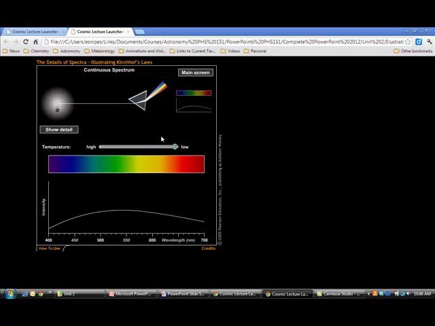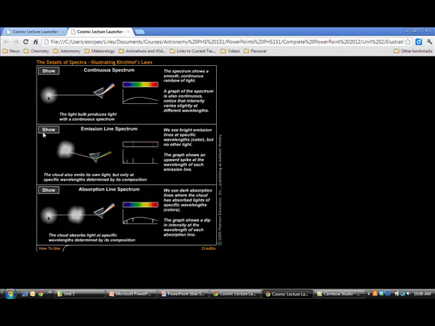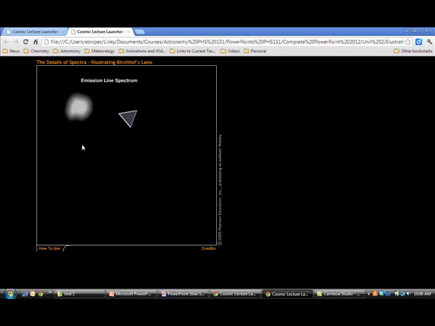So, for instance, this is a light source, and notice there are no spectral lines in this particular emission. Let's go on to emission line spectra.